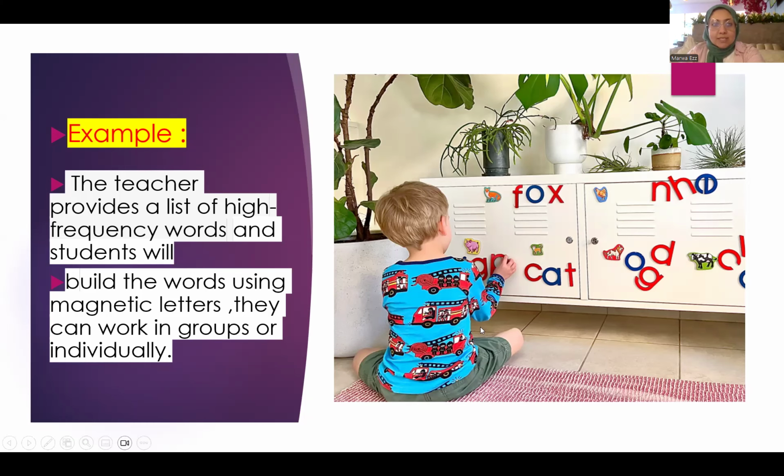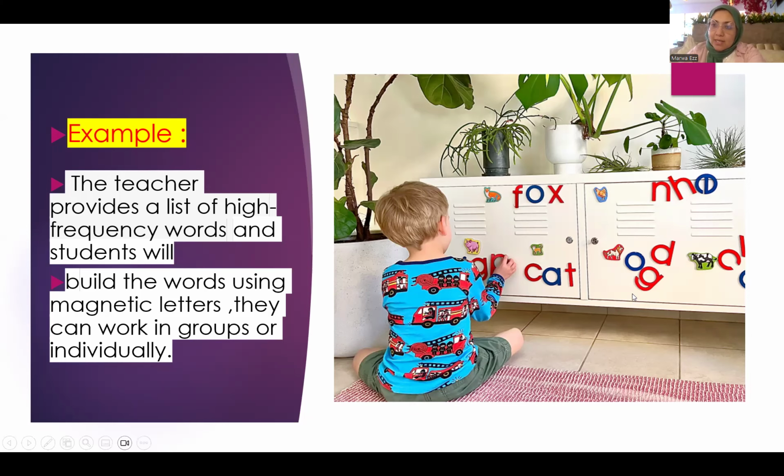So this example is about providing the students with sight words in a list on the board or on cards, and distributing random letters to the groups or even to pairs, and they can help read the word and try to select the correct letters and put them in the correct spelling for the words.